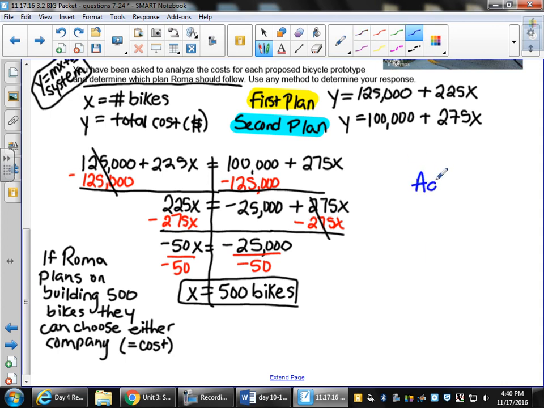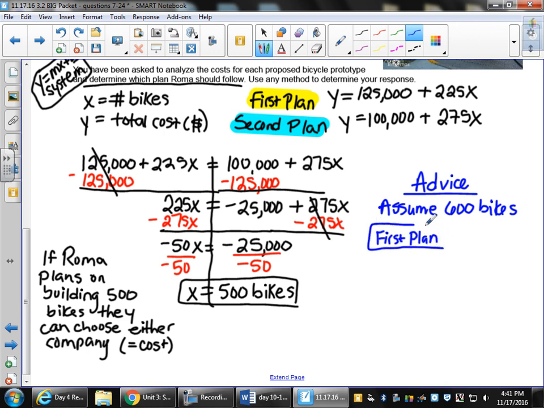Advice. Assume 600 bikes. Let's see what we get. First plan. The first plan will be y equals 125,000 plus 225 times 600.